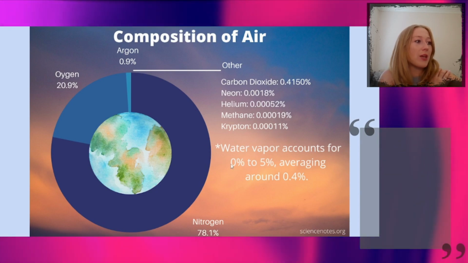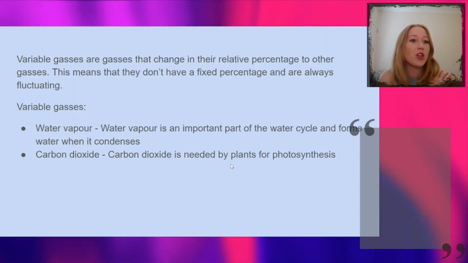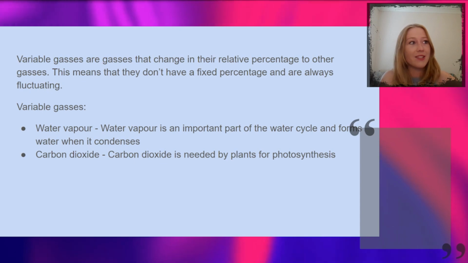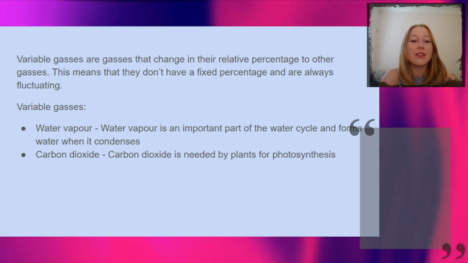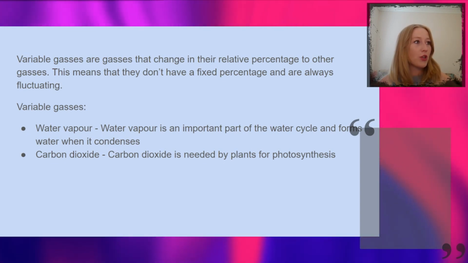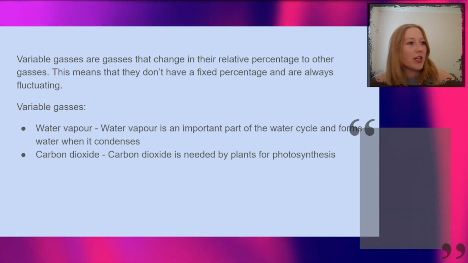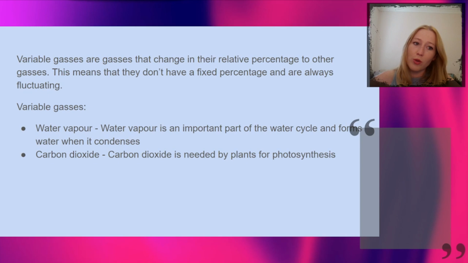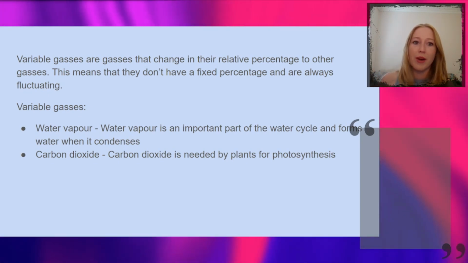Okay, water vapor does vary a lot, which is why it's a good example of our variable gases. Variable gases is any kind of gas that changes in its percentage or its total contribution to the atmosphere. So water vapor can change because maybe we have rainfall, or maybe there's a lot of evaporation, or maybe it's in the middle of a desert and there's no water to evaporate.